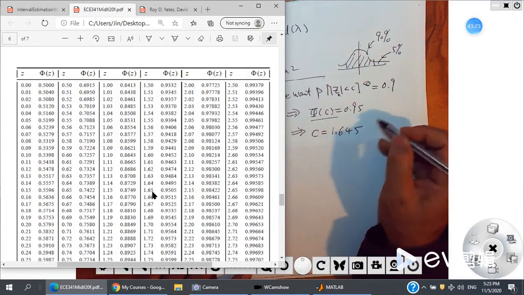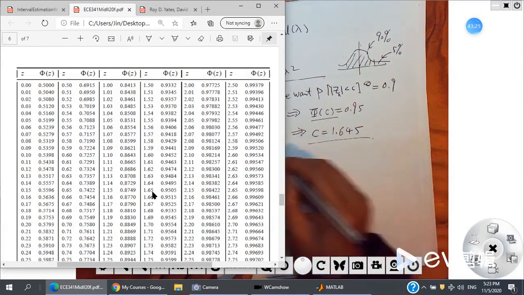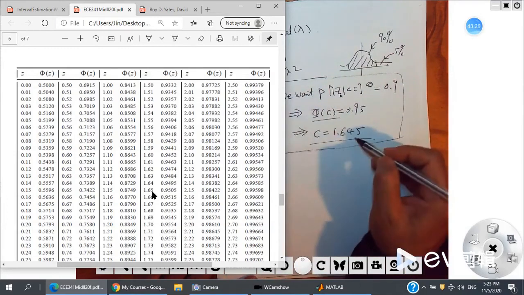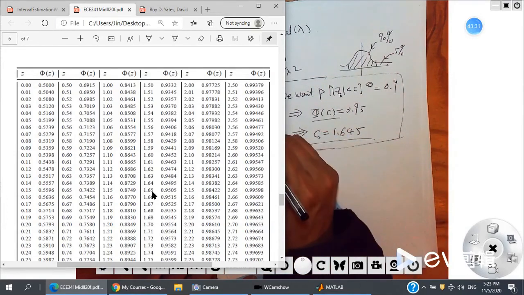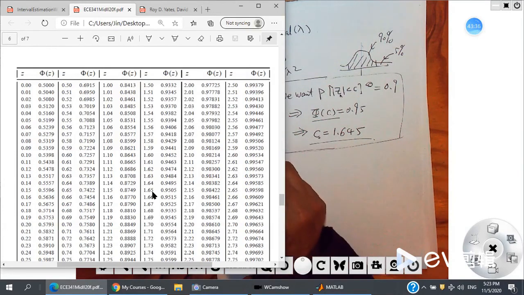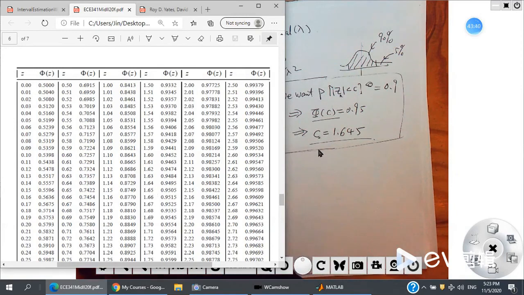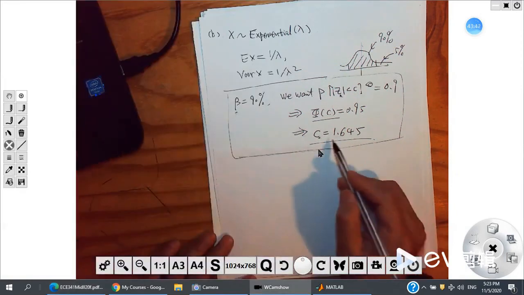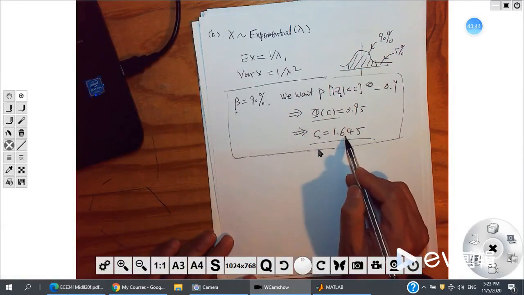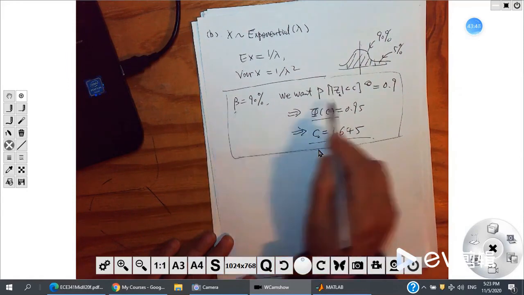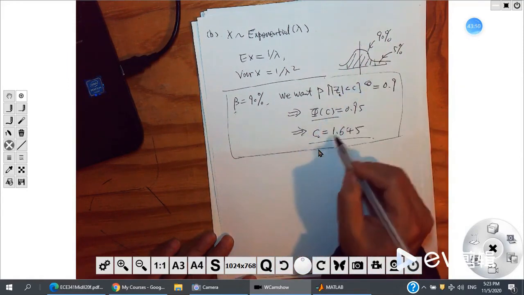Okay, so this is C. When you want to find this C, you only need the confidence level. You check the table and you can find C.